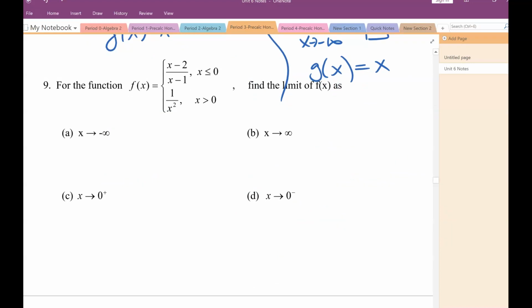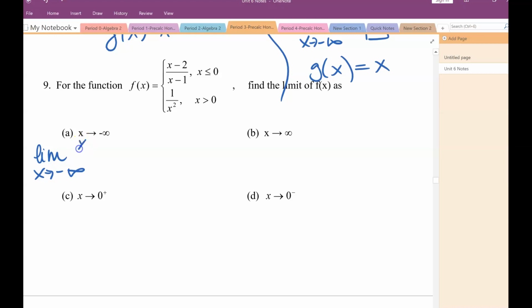Piecewise has always been a little more difficult because there are 2 components. Find the limits of your function. The first one is to find the limit as x approaches negative infinity of your piecewise. Out of the 2 pieces, which piece are we using? Which one even approaches negative infinity? The first, right?